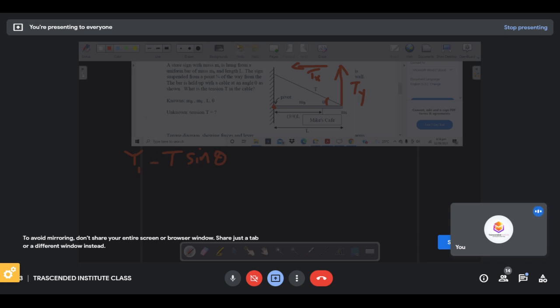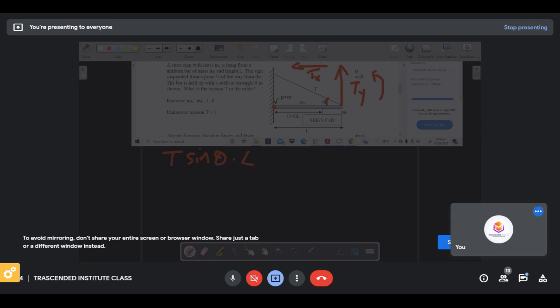T sin theta times what? We're trying to measure the length from the pivot to the point of action. It's L. Is it negative or positive? First of all, is it anti-clockwise or clockwise? It is positive, sir. Okay, so it's anti-clockwise. It's going up, positive.